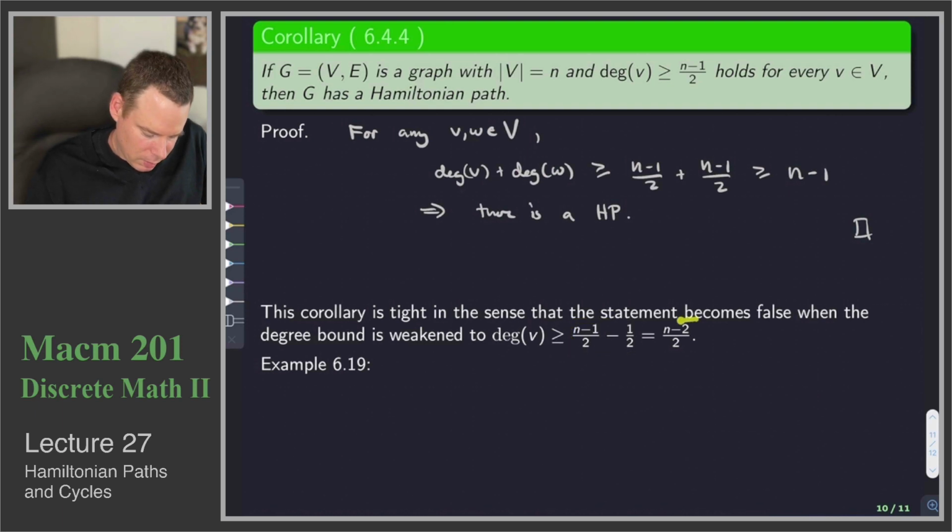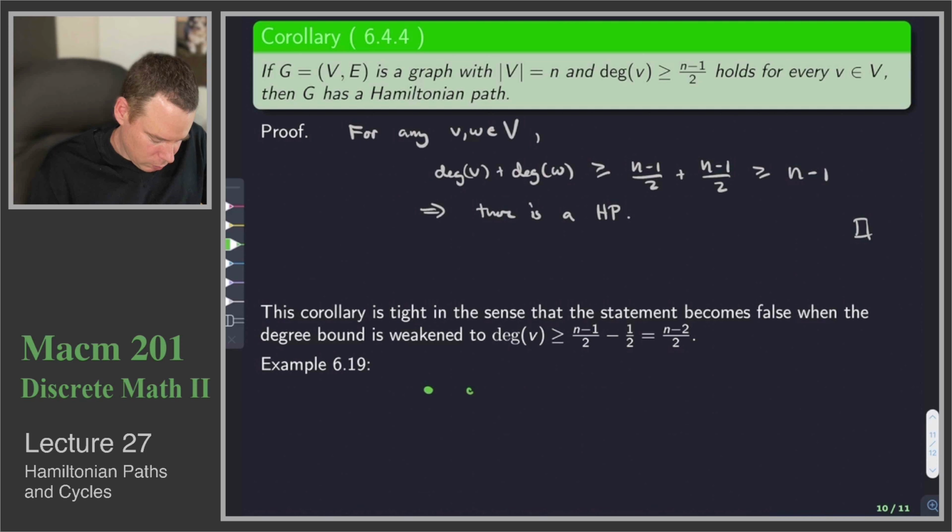In other words, if we make it so that the degree of every vertex is at least (n minus 2) over 2, then the result doesn't hold. We can have graphs where the degree of the vertices is quite big, greater than or equal to (n minus 2) over 2, but it still doesn't have a Hamilton path. And so what would be an example of that?